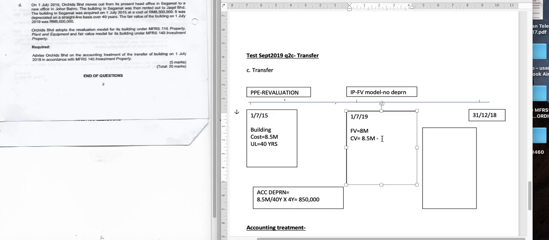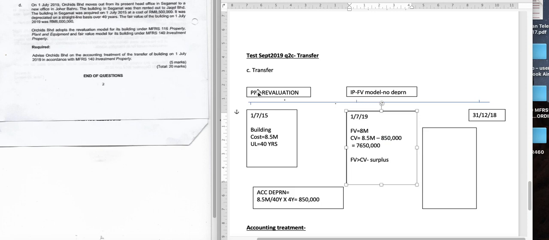So you will minus here cost minus the accumulated depreciation. So you should get 7,650,000. So now fair value is more than the carrying value. So this is called surplus. Okay, why do we call it surplus?